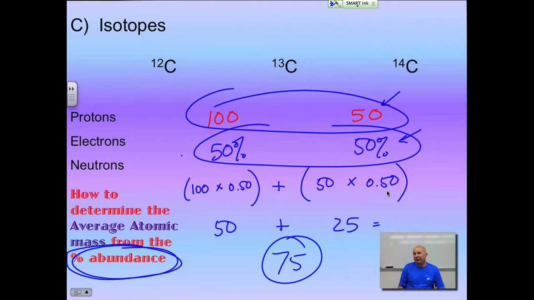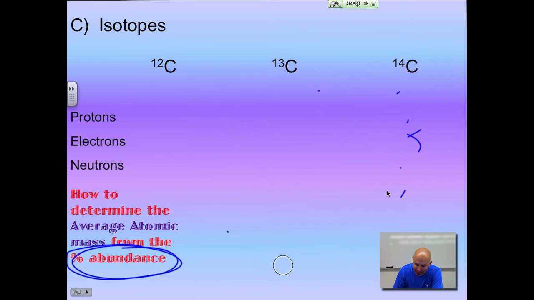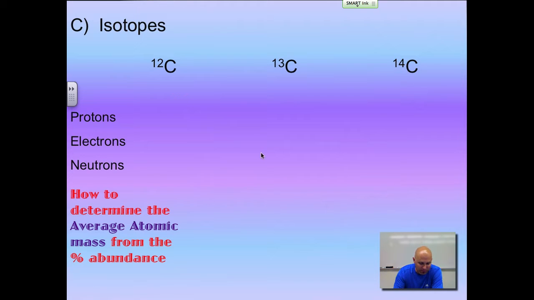So when you have different percent abundances, you're going to do the exact same thing, except you use different numbers than 50. Let's say I have 90% of carbon 12, 5% of carbon 13, and 5% of carbon 14. Let's do that math.